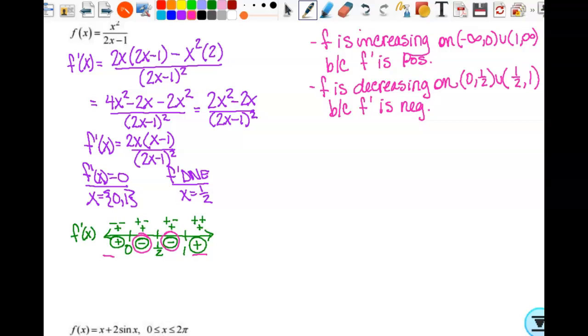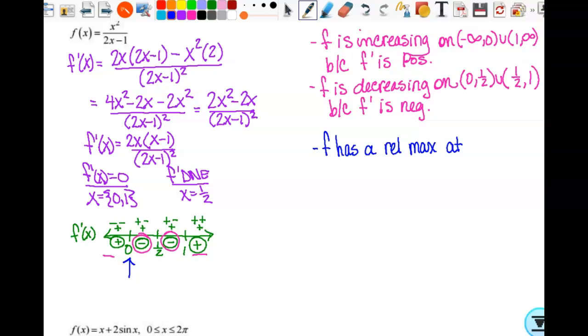All right. So let's write out what's happening with critical points. So f has a relative maximum at, so we get our maximums in general when it goes from what to what? Positive to negative, right? Because it's like a hill. Positive to negative. So I get one right here. And that's it, right?